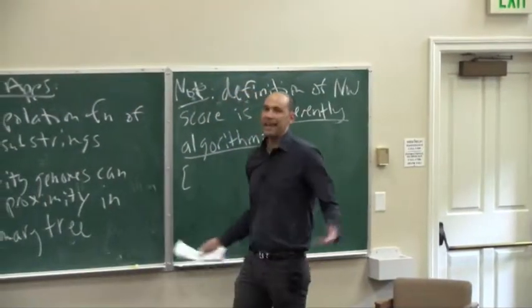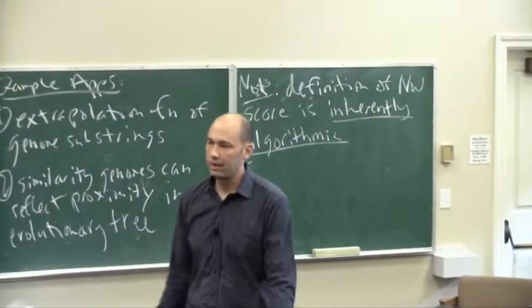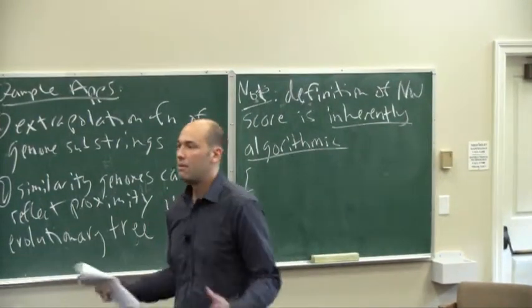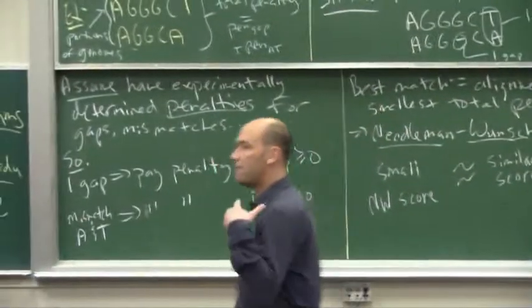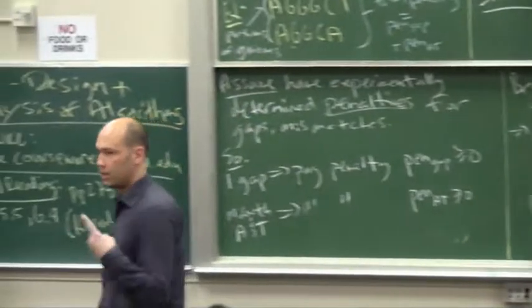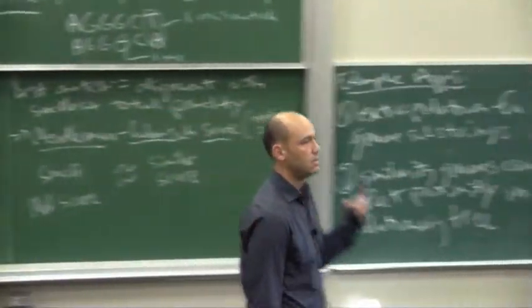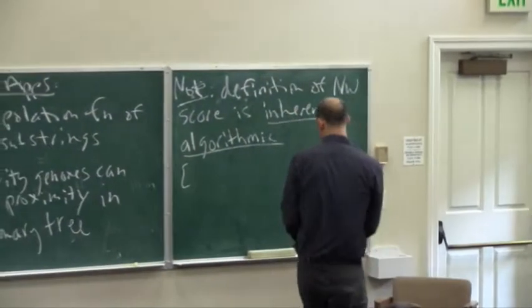Well, you can't even answer the question of what is the NW score between two strings without computing the best alignment between them. Remember, that is the definition of an NW score, the quality of the best alignment between two sequences. So you need to find the best alignment to determine the NW score to answer the string similarity question.